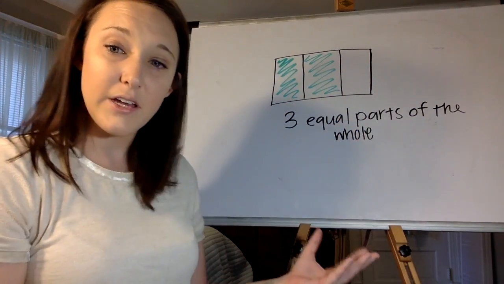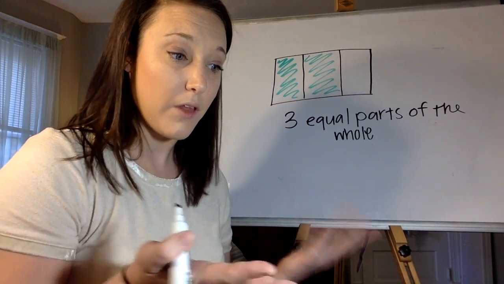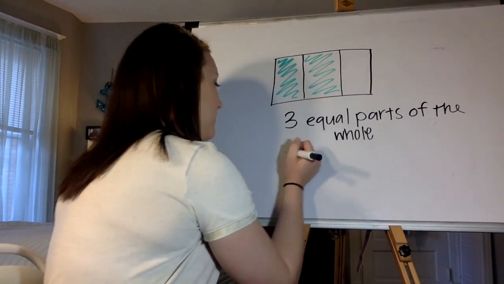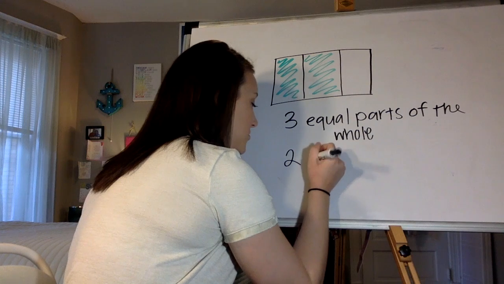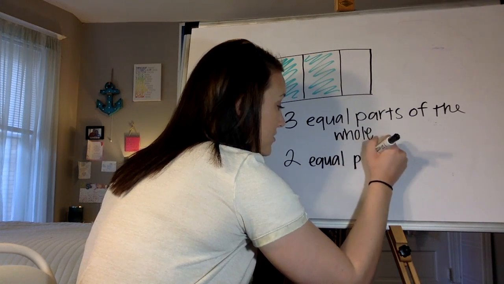Okay, we have 3 equal parts of the whole, and then how many of the equal parts are shaded? 2. 2 equal parts are shaded.